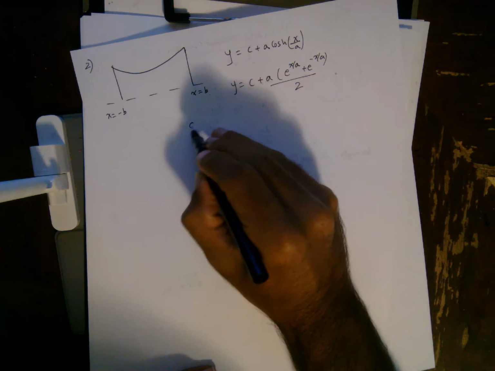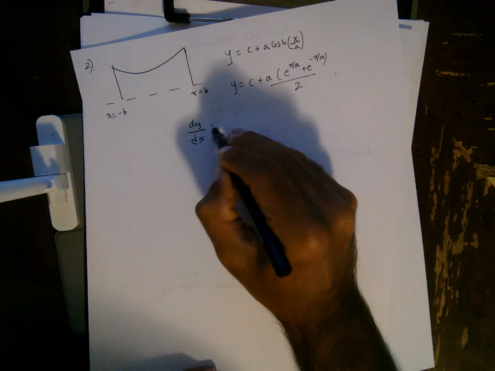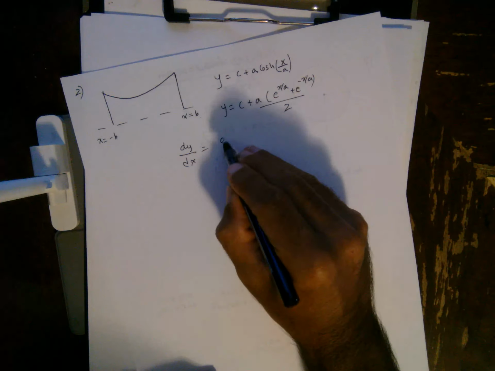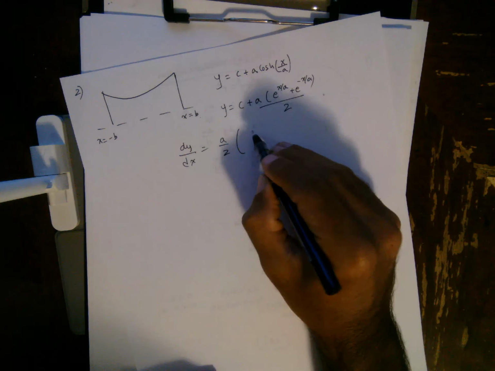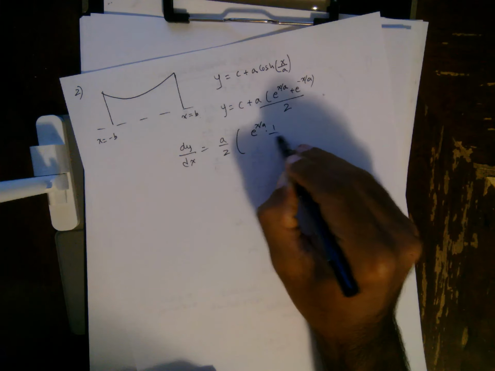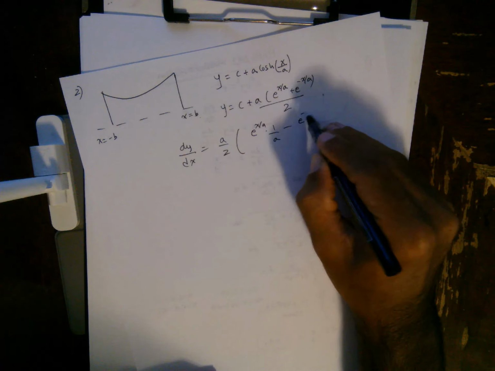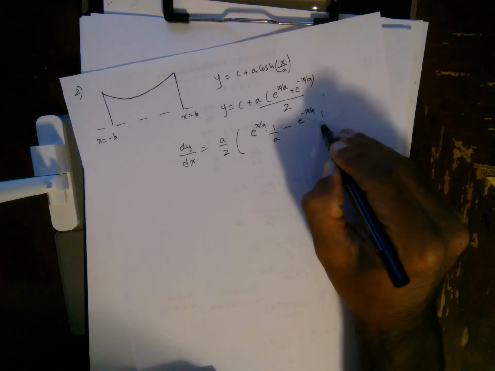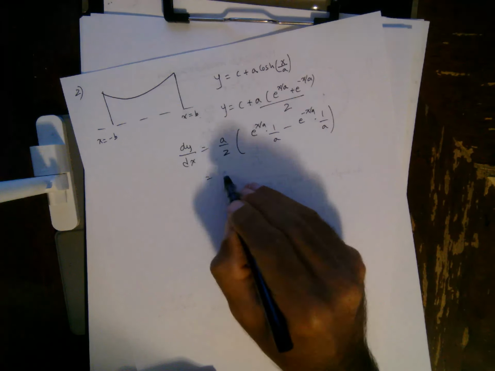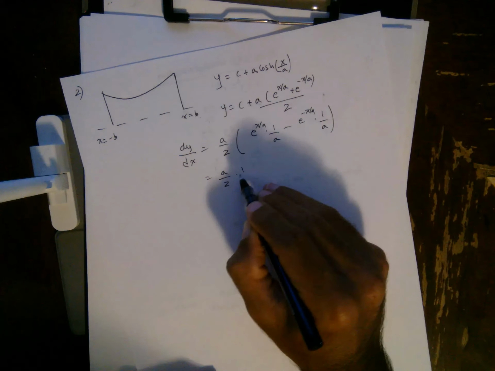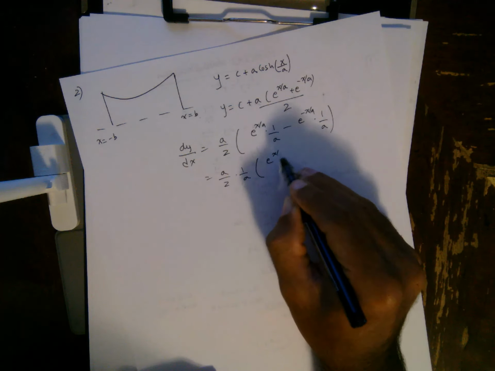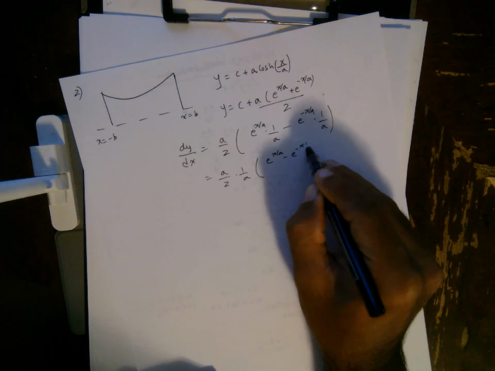So I take the derivative dy over dx, constant becomes a 0, a over 2, derivative of e to the x over a, chain rule 1 over a, e to the negative x over a, 1 over a. Factor out a 1 over a, and I have e to the x over a minus e to the negative x over a.